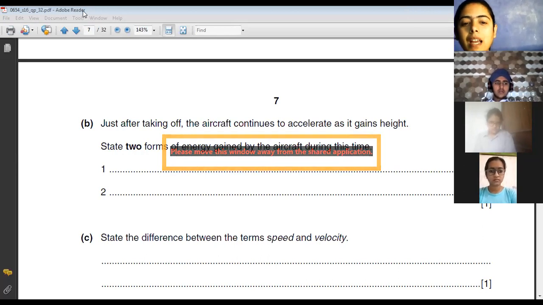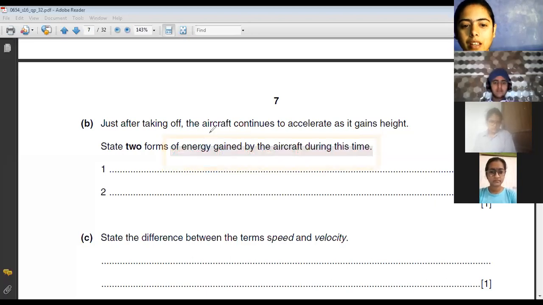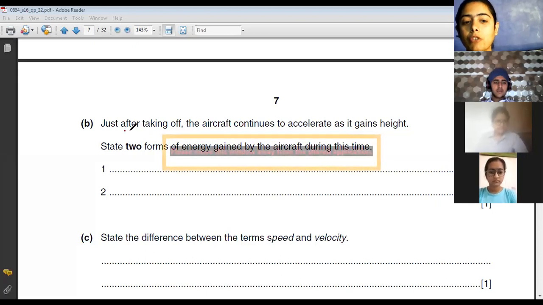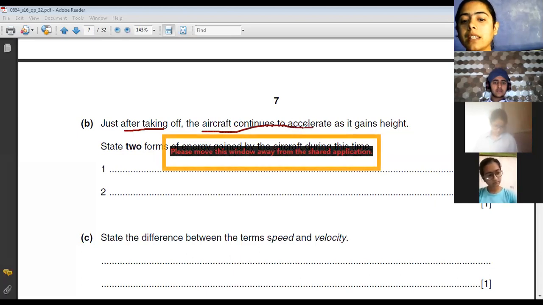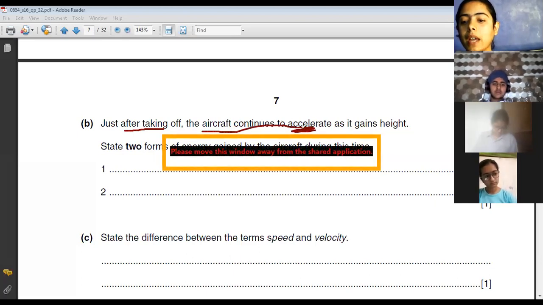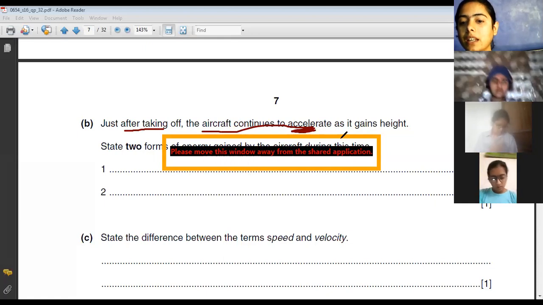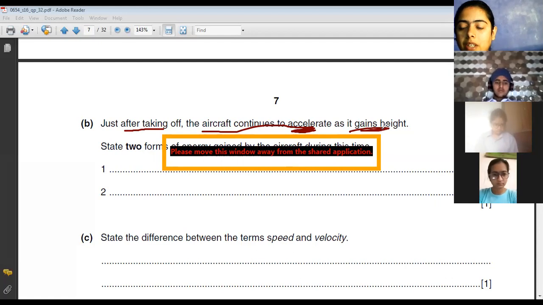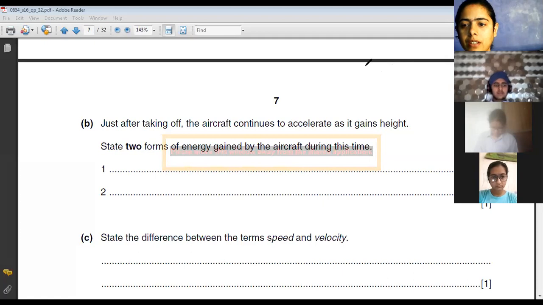Beta, read the line carefully. Kinetic. Yes, very good. See, they are saying the aircraft continues to accelerate. It continues to accelerate means there is kinetic energy, and it gains height. So slowly it gets converted into potential. So there exists kinetic, there exists potential. Is this clear, everyone?